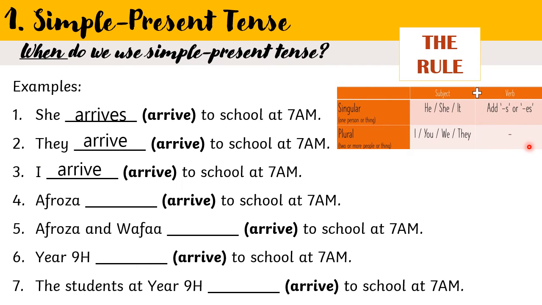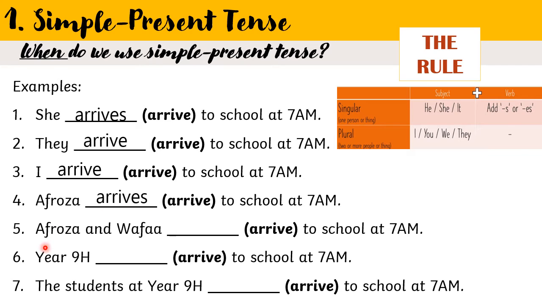So it's I arrive to school at 7 a.m. Now, what about this subject, Afroza? Only one person, right? So if it's singular, she, Afroza is a she, so you add s, okay? So it becomes arrives. Afroza arrives to school at 7 a.m.